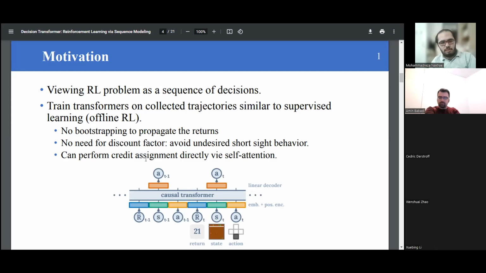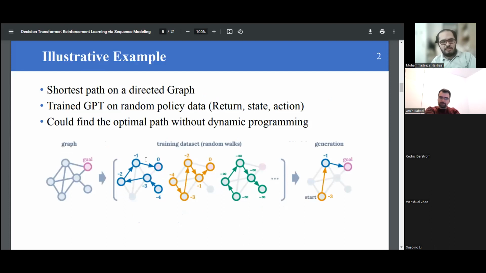And because of the self-attention mechanism, for credit assignment the agent can assign credits directly, so it may perform better.